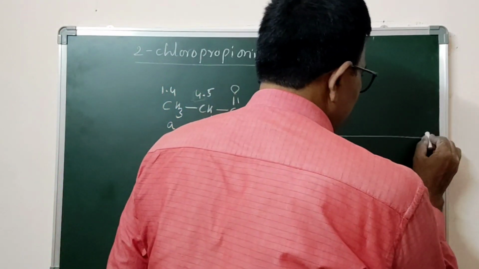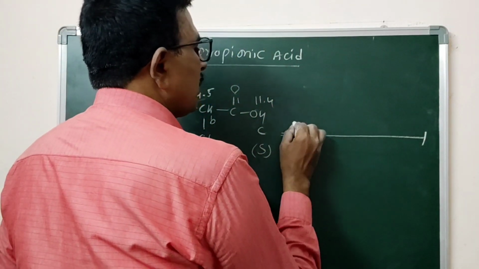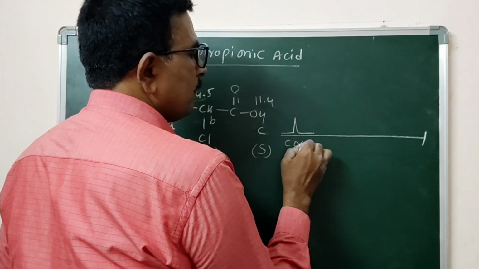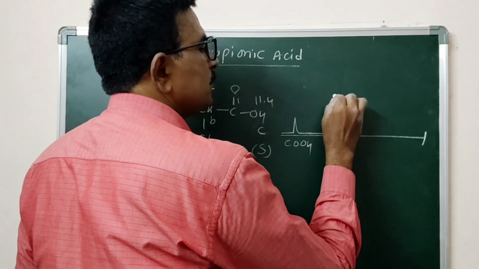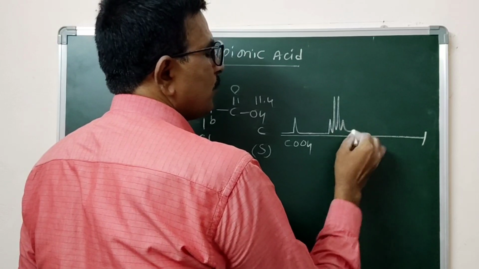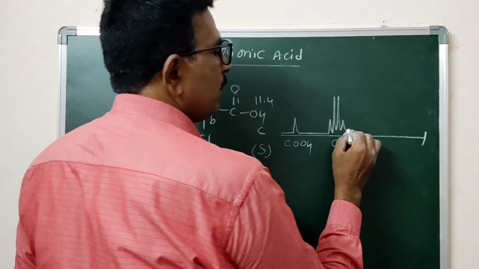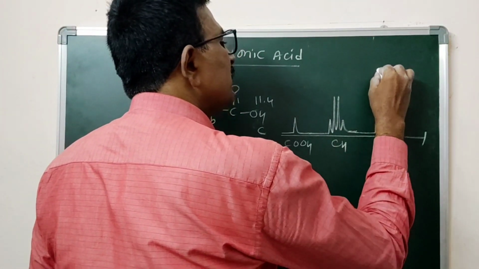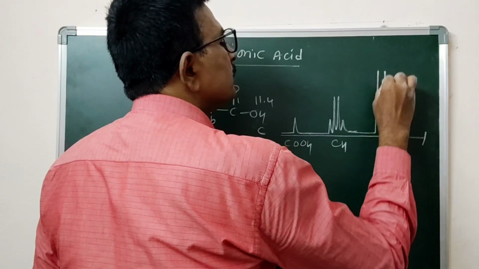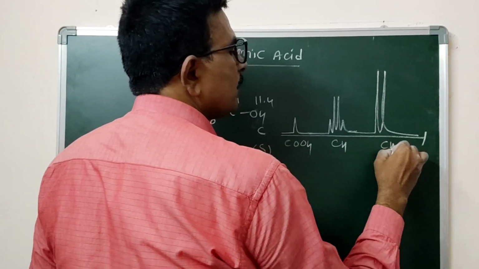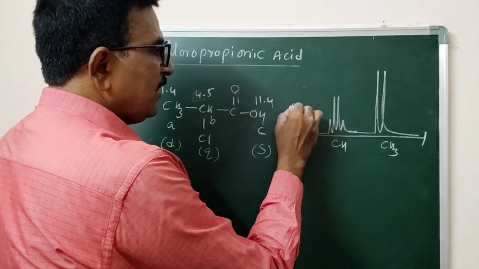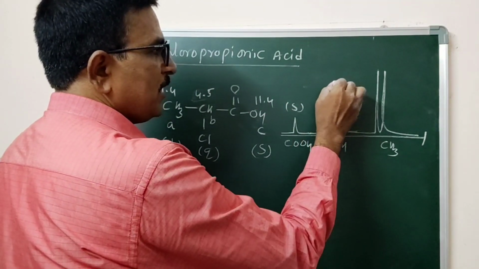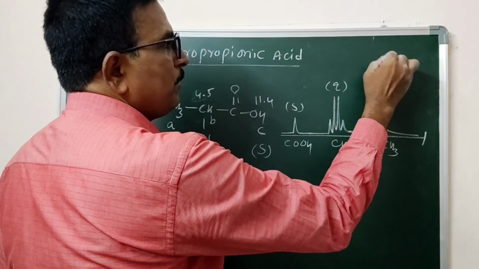Now its spectrum: a singlet for the carboxylic acid, a quartet for the CH proton, and a doublet for CH3. This is singlet multiplicity, this is quartet multiplicity, this is doublet multiplicity.